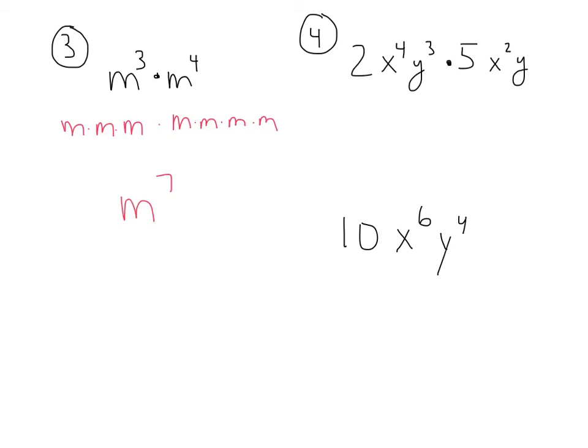If I rearrange this, it's the same thing as 2 times 5 times x to the 4th times x squared times y cubed times y. 2 times 5 is 10. X to the 4th times x squared is x to the 6th, because that would be 6 factors of x. Y cubed times y is y to the 4th, because that would be 4 factors of y.